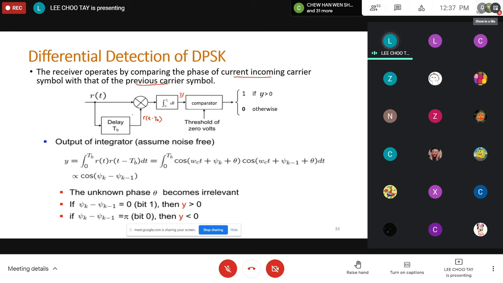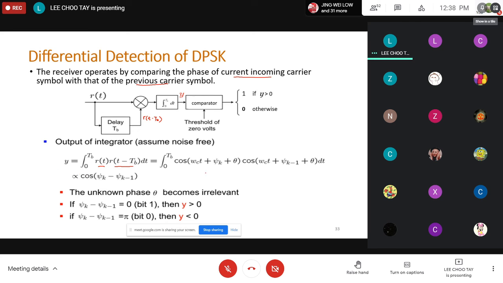We multiply these two and then we integrate, sorry, not differentiate. I put down the equation here. We multiply RT with RT minus TB and then integrate throughout the entire bit duration.